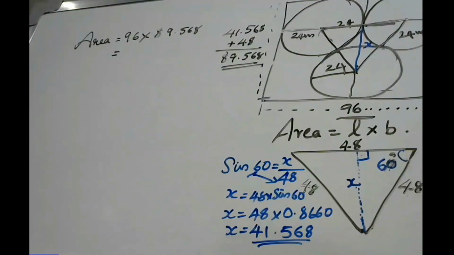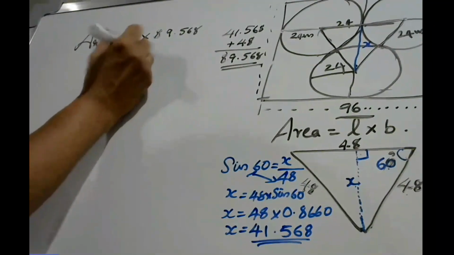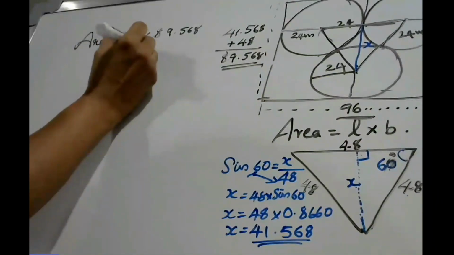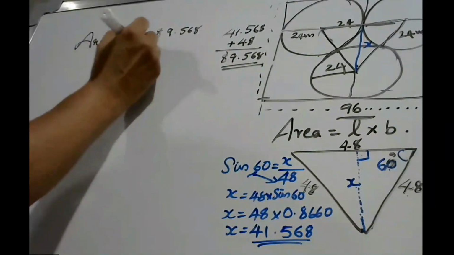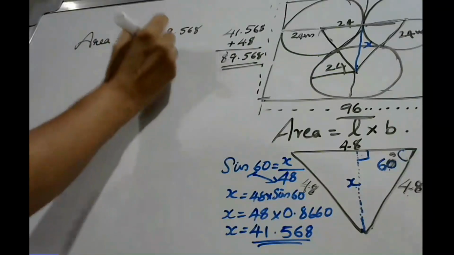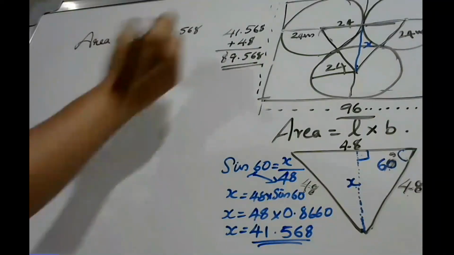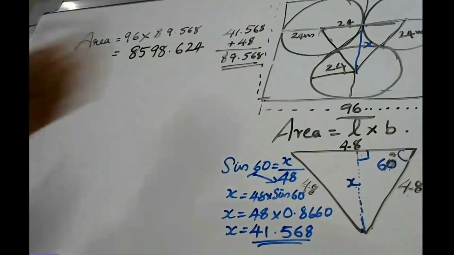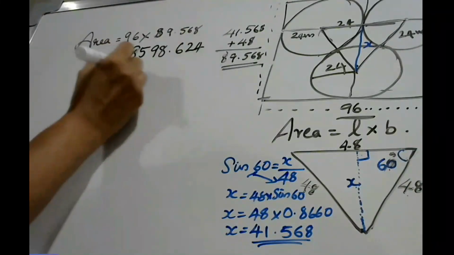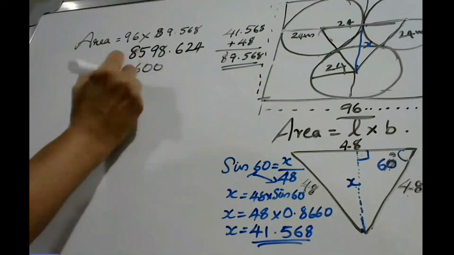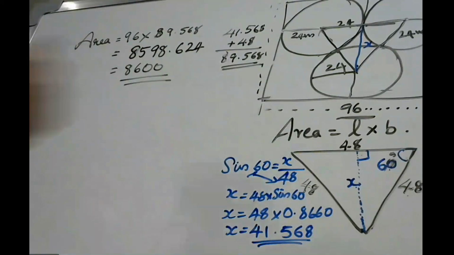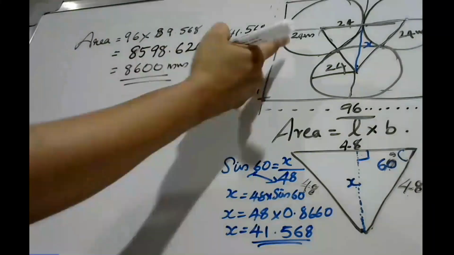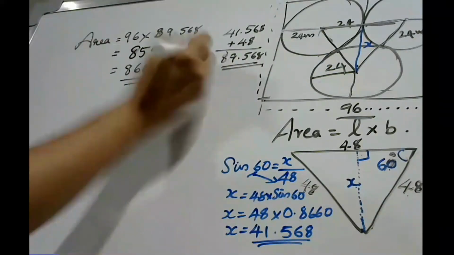So when I multiply, I get 8,598.624. And I'm rounding it off, so this is equal to 8,600. The unit is mm, and the area is in mm square.